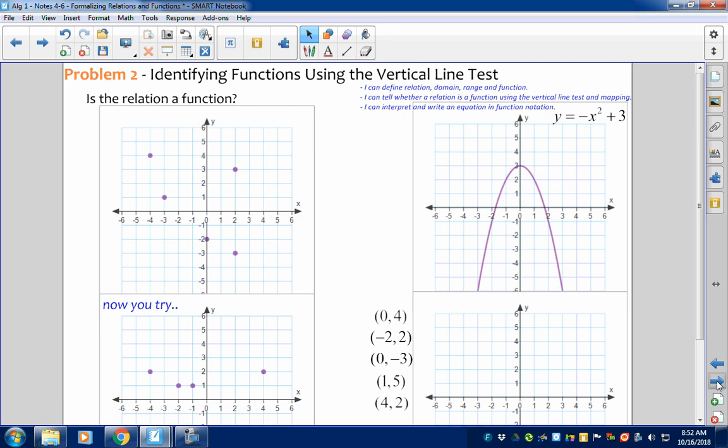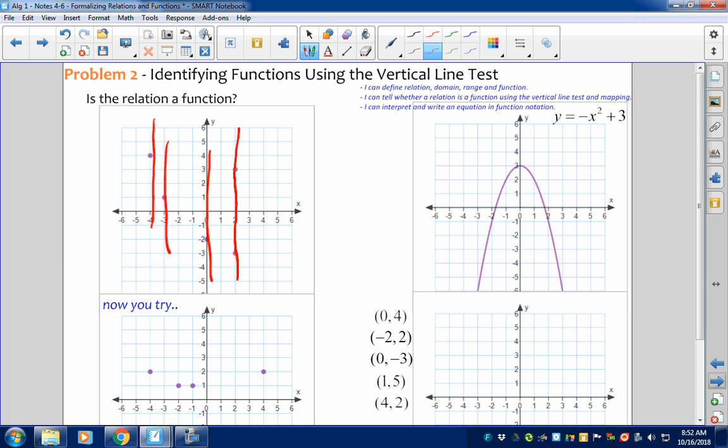I could draw a vertical line through here and here and here, and then, wait a minute. I'm drawing vertical lines everywhere where I see a point. And if at any point I draw a vertical line that goes through 2 points, it's not a function. So that's what you're looking for.